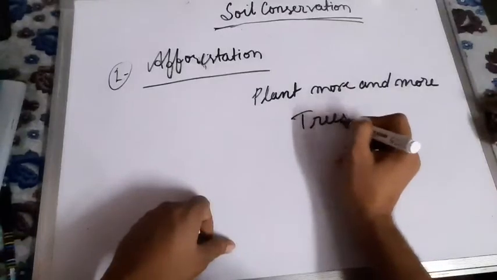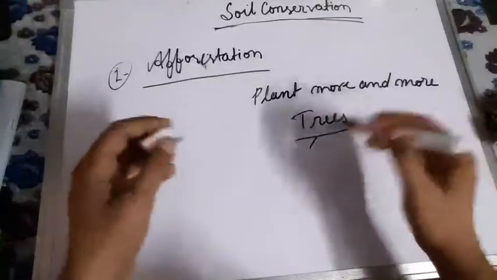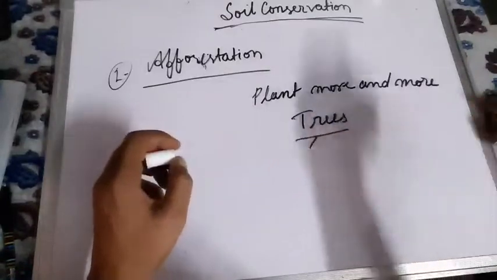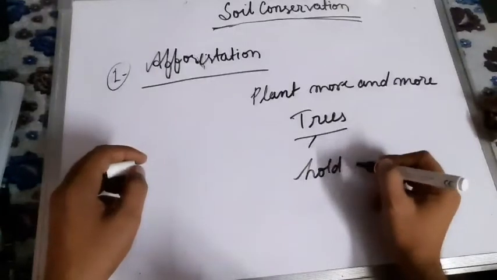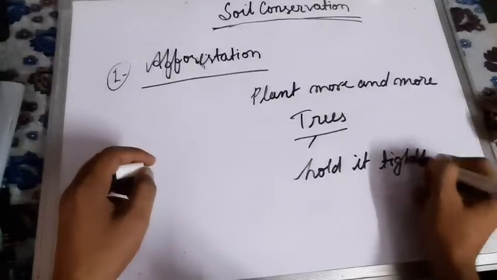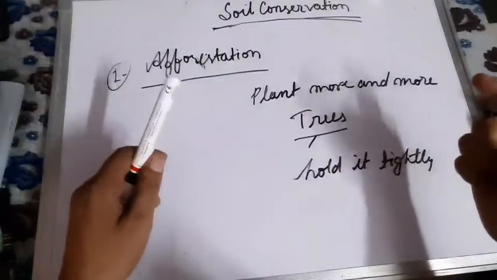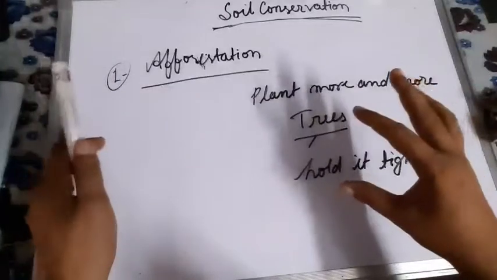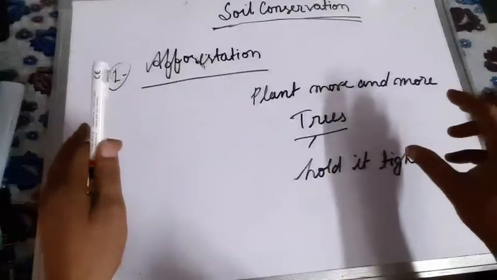These trees help in soil conservation because their roots help the soil hold tightly. Afforestation means to plant more and more trees, and they help in soil conservation. Their roots hold the soil tightly so that it cannot be eroded.